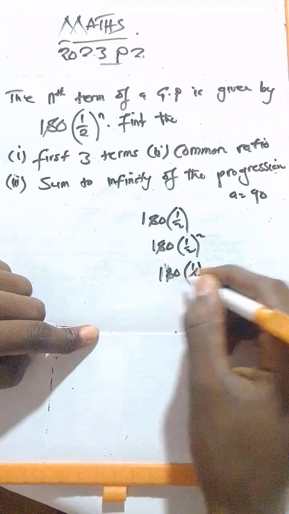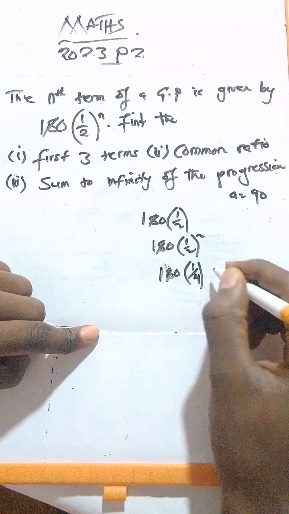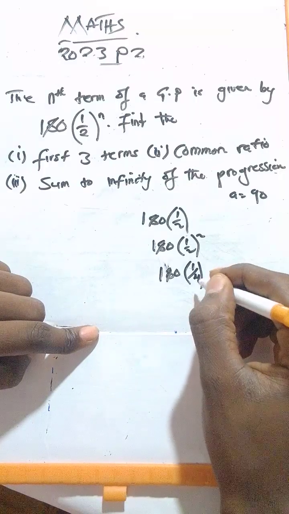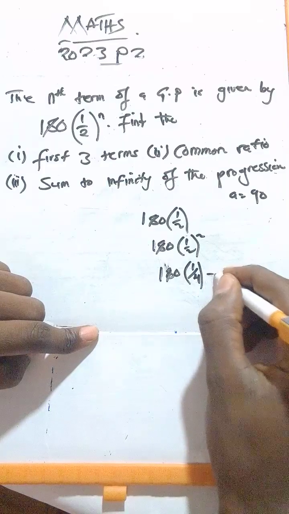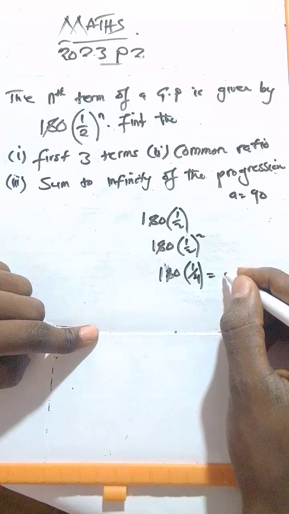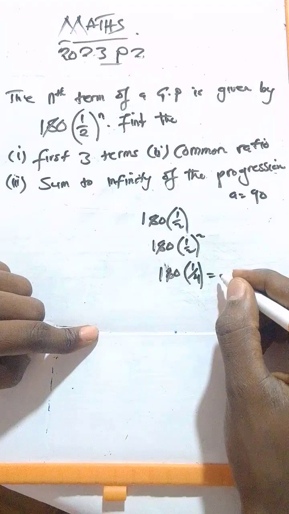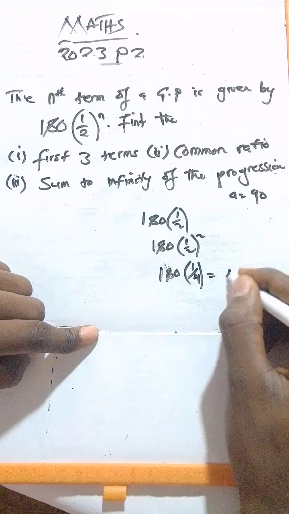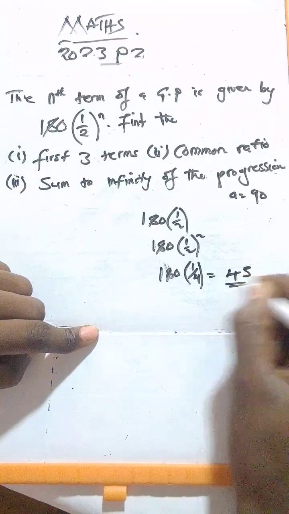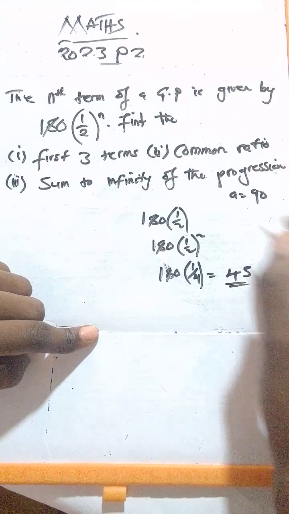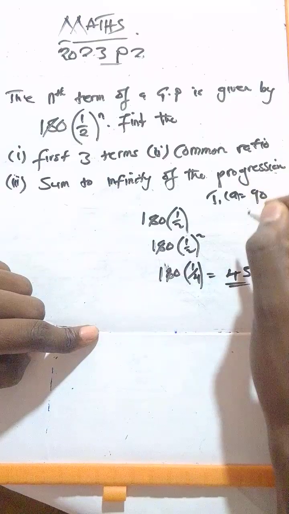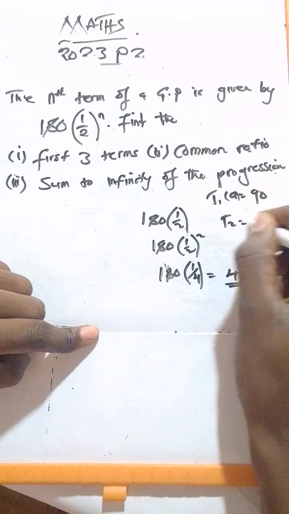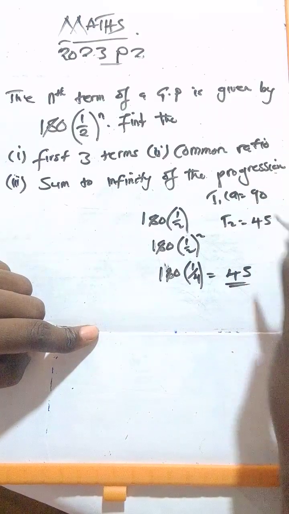So if you multiply this by 4, in short, you're saying how many times can 4 go into 180? It will give us 45. So this is our second term. So term 1 is 90, then term 2, we have 45.